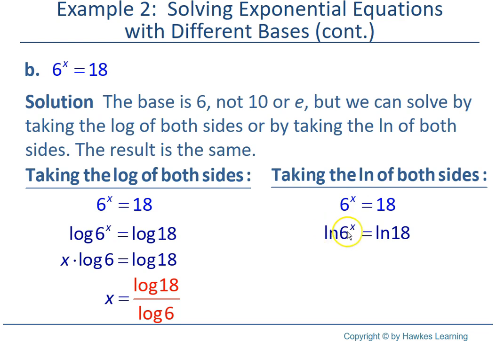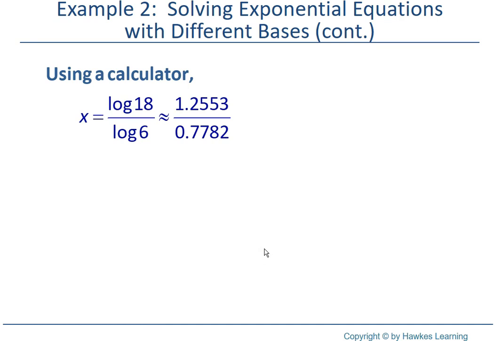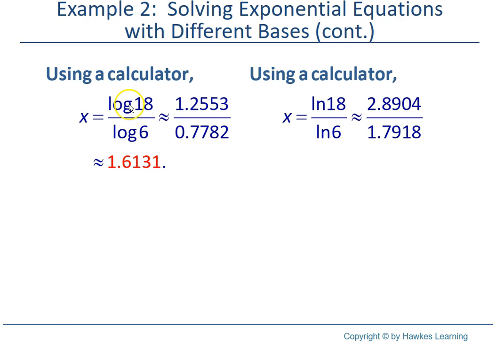Everything is the same except we use natural log. And again, this isn't base e here, so the natural log part doesn't cancel out. And the natural log of 18 divided by the natural log of 6 gives you the same answer, as you will see. There it is for logarithms, and here it is for natural logs.